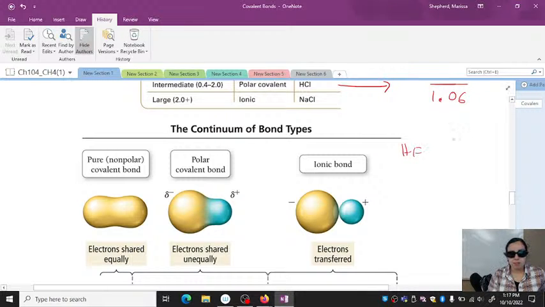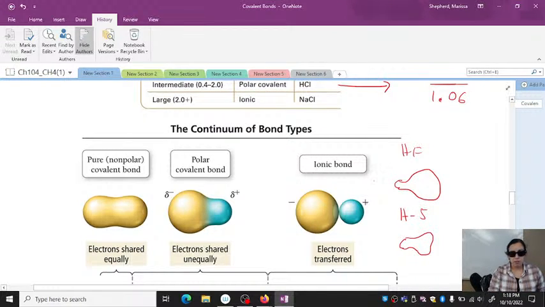So you could say for HF, the fluorine would be grabbing a large amount of electron density, versus sulfur, which would still be pulling it, but not as dramatically.